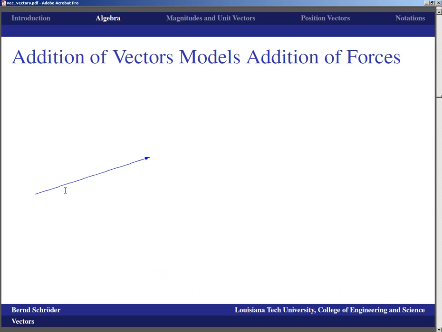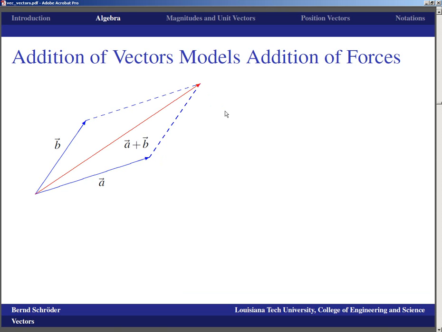And so what that means is if I've got a vector A here and a vector B here, the addition of forces is, as people teach you in physics, that you just draw these vectors into a parallelogram. Basically, you draw a dashed vector that is parallel to A and has the same length up here, and you also tack a copy of B on here that makes a parallelogram, and then the sum is the diagonal of this parallelogram.